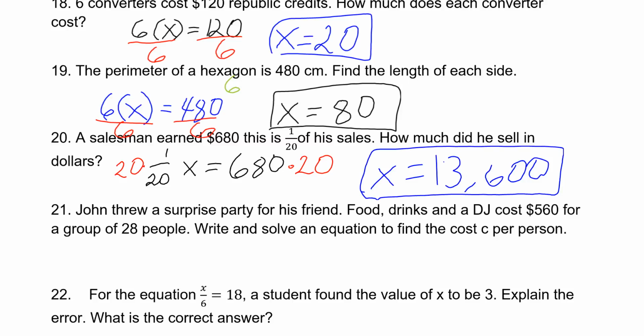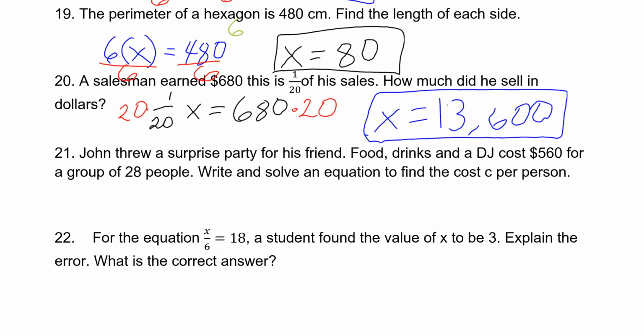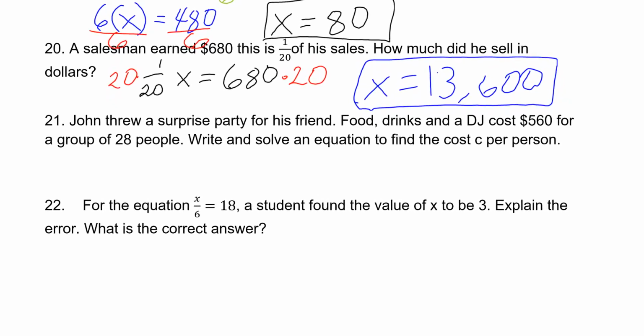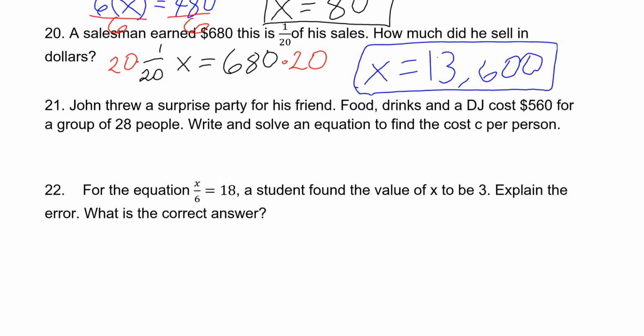So there's that. Now, John threw a surprise party for his friend. Food, drinks, and a DJ cost $560 for a group of 28 people. Write and solve an equation to find the cost per person. So we're going to do $28 per person. So 28 people times x, and we need that to equal 560.